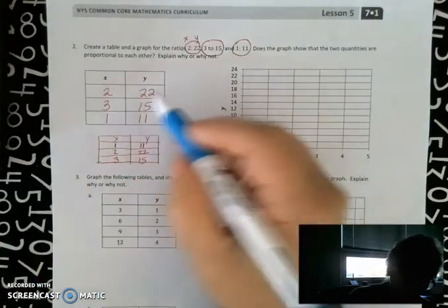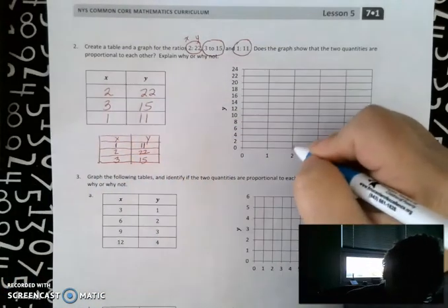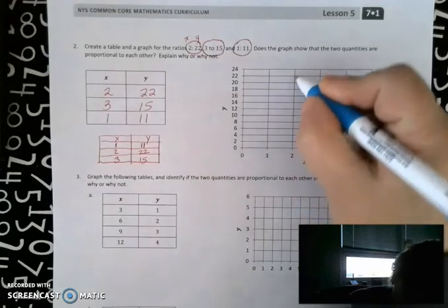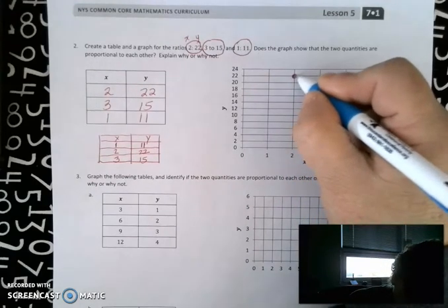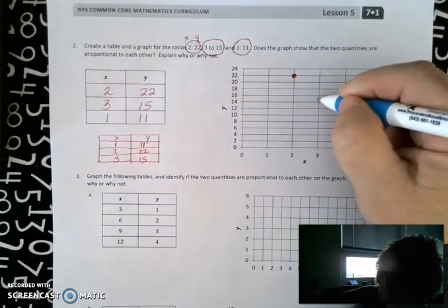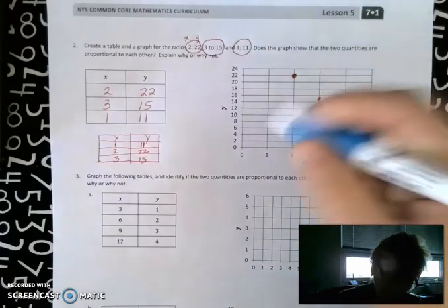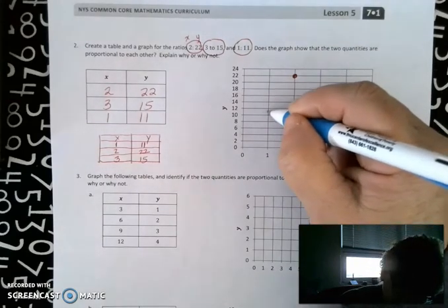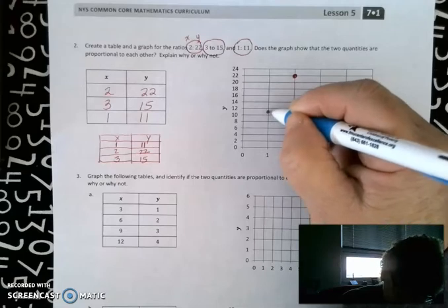So let's graph. We have 2 and 22, that's all the way up here. We have a 3 and a 15, which is in the middle of 14 and 16. And we have 1 and 11.